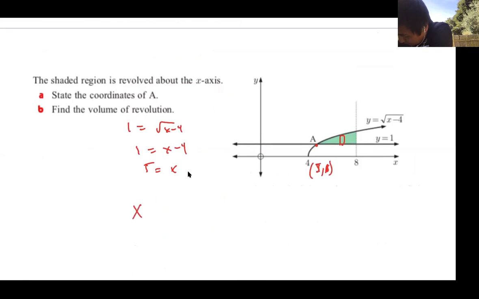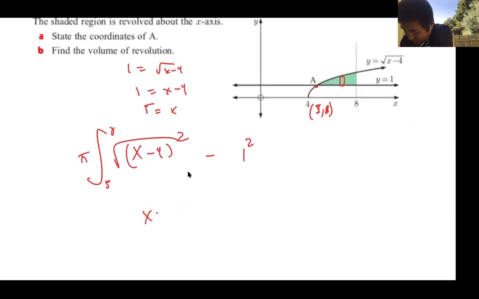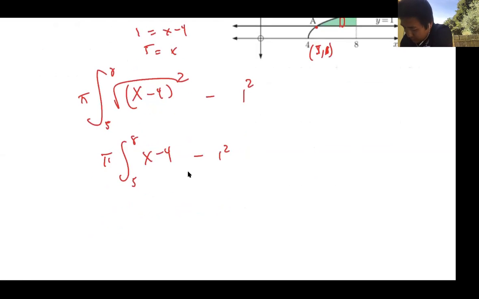And you've got x minus 4, square rooted, squared, minus 1 squared. Do you notice how clean that's going to be? x minus 4 minus 1 squared. 5 to 8 pi. That's x minus 5.